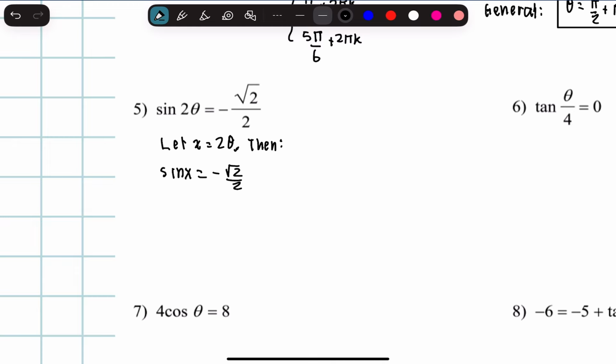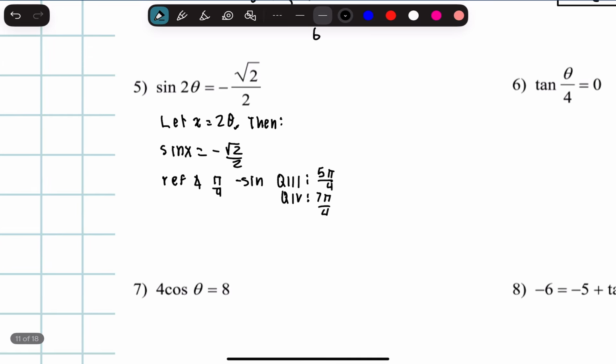Then we have our reference angle pi over 4, and we know that we have negative sine in Q3 and also in Q4. It's going to be 7 pi over 4 and also 5 pi over 4. And then we're going to add 2 pi k, where k is an integer, to all of these.